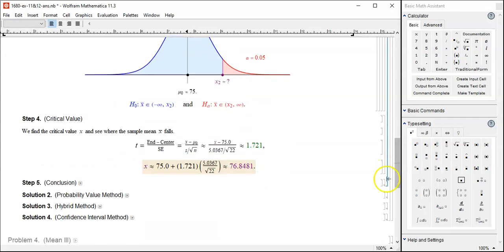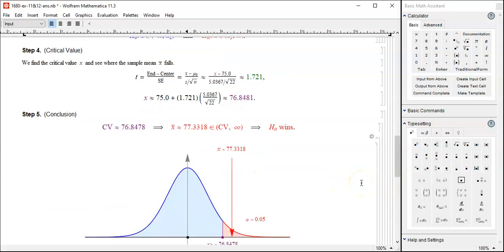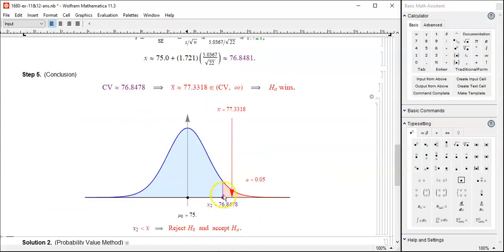So what's the conclusion? In the picture you drew before, this unknown value is now determined, 76.84, and 77.3 is too far away from the null, so alternative wins.